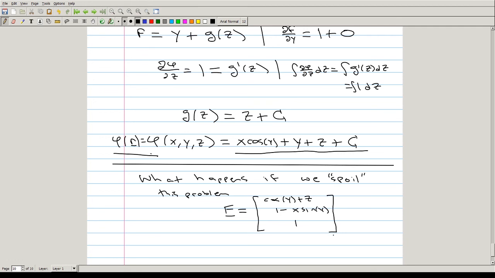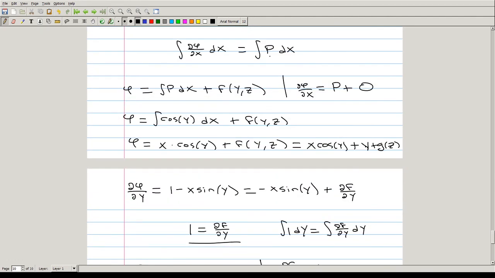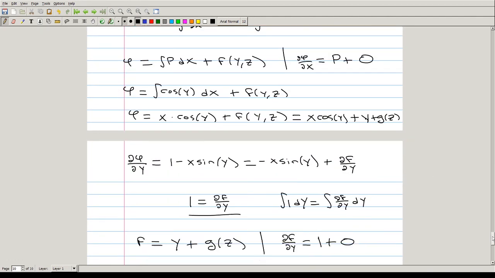So first things first, if you take the curl of this vector field, you'll see that it's not curl free. The curl is not equal to 0. Therefore it's not conservative. But nevertheless, you can try and proceed similar to how we proceeded here, going through and solving for that potential function.